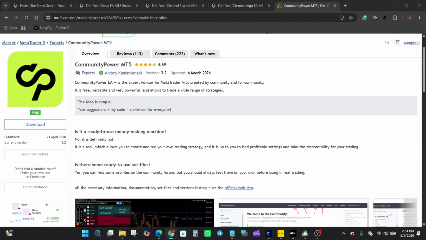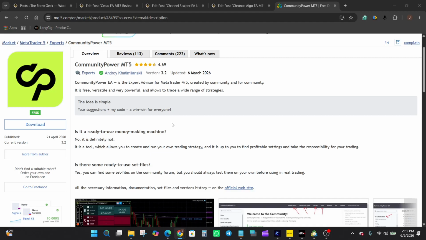Alright, so on my screen right now, I'm looking at the MQL5 Marketplace page for CommunityPower EA by Andrei Katimliansky. And the first thing that stands out is that this is actually a free EA, not a paid product, which already makes it interesting from a testing and flexibility perspective.